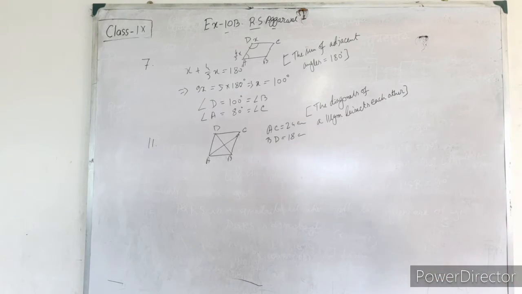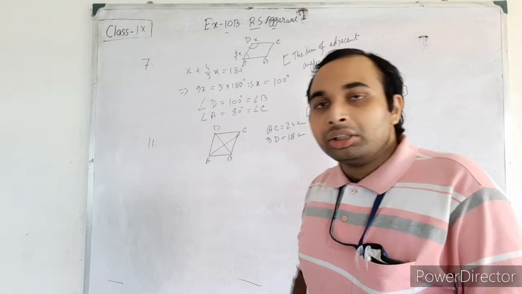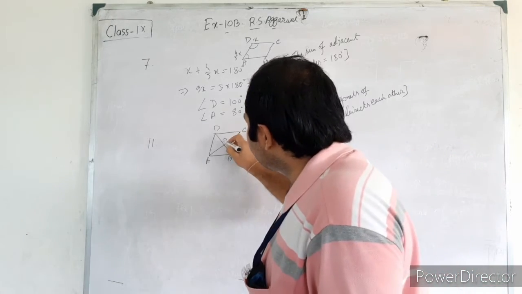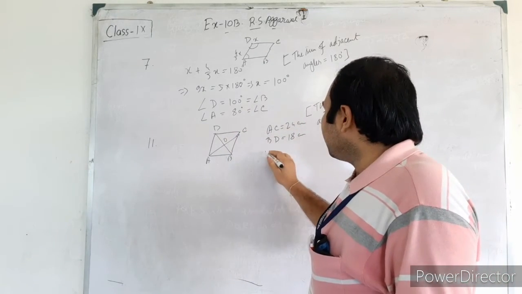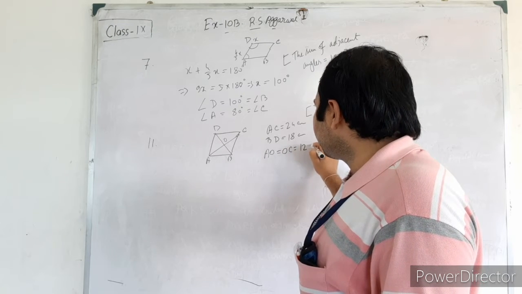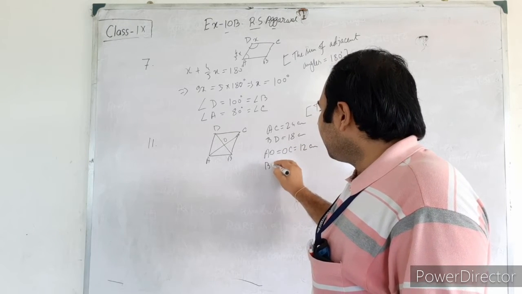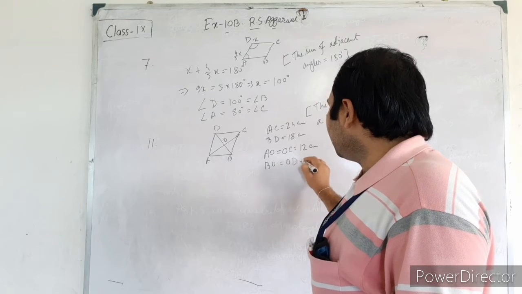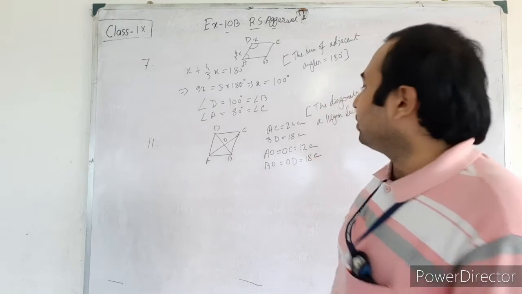If the intersection is O, AC is 24, so AO equals OC equals 12 centimeters, and BO equals OD equals 9 centimeters.